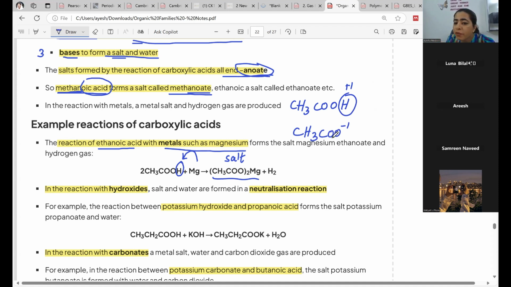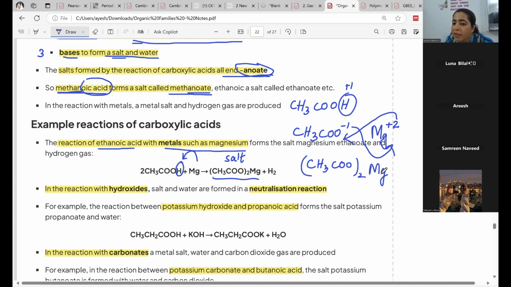Now, in place of this hydrogen, you want to add magnesium. I'm telling you how to write the formula basically. Magnesium is from group 2, which means +2. Now, if you want to add these two together, what will happen? This 2 will go with this part, and this 1 will come with magnesium. So CH3COO will go in a bracket, with 2 outside, with magnesium.